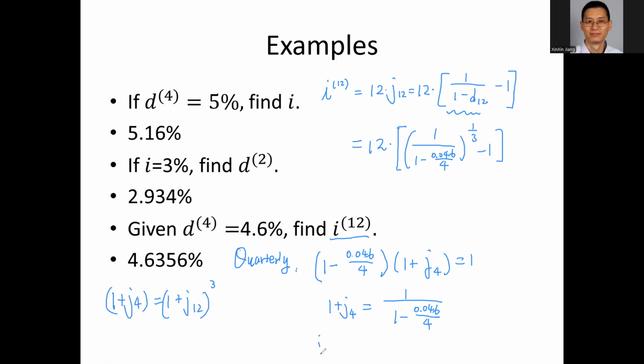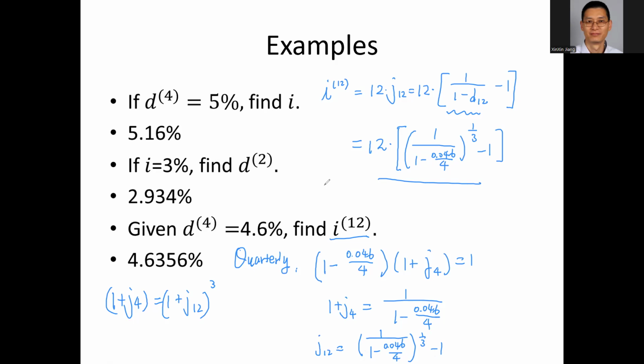So j12 equals 1 plus j4, take a third root, and then subtract 1. And then you multiply by 12 to get I sup parenthesis 12, which is this. All right.